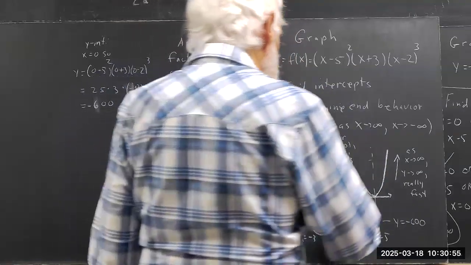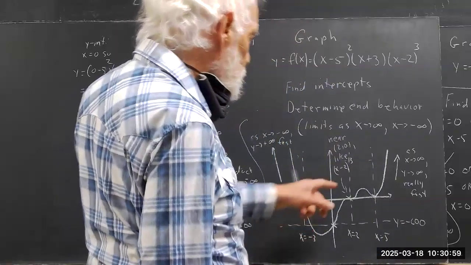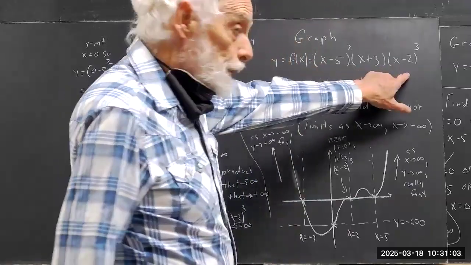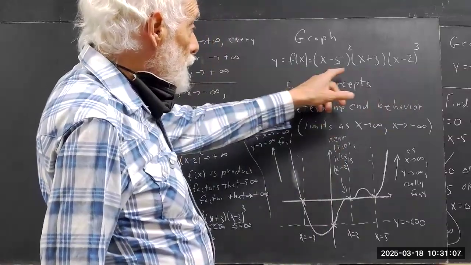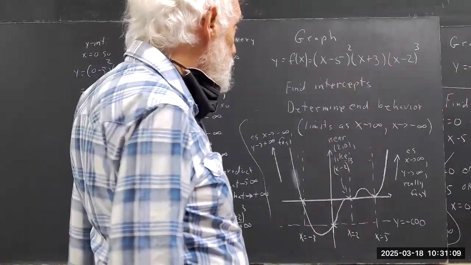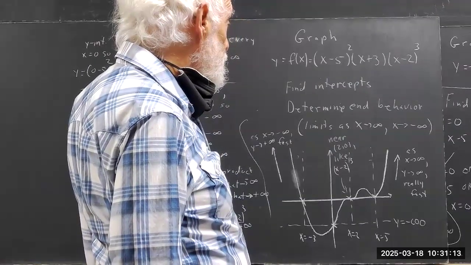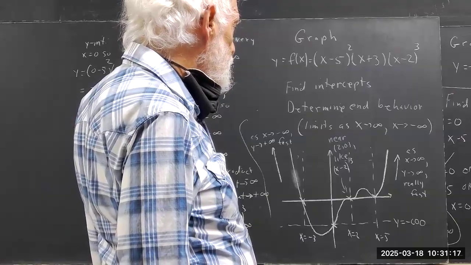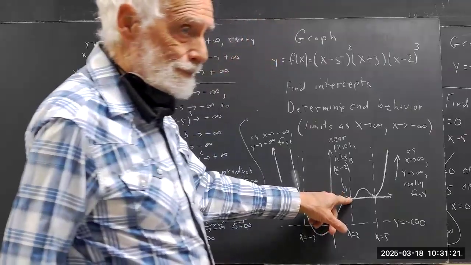Near 0, it acts like x minus 2 cubed. That doesn't really act like x minus 2 cubed because you have these other numbers here. And when x is equal to 3, you have like 8 here and you have 1 here. So it's like 8x cubed.